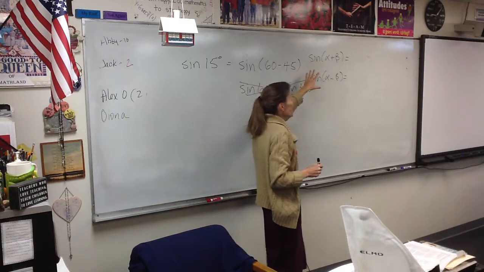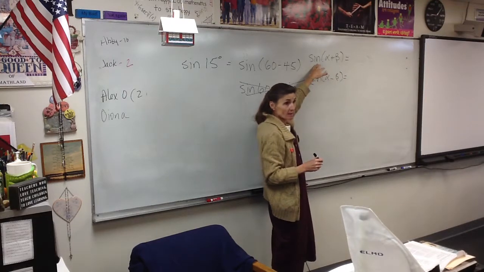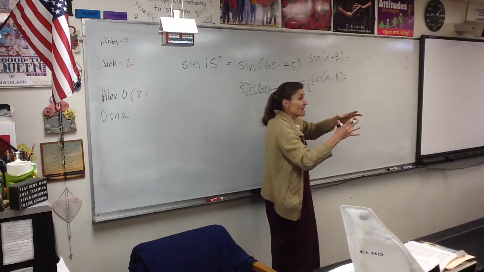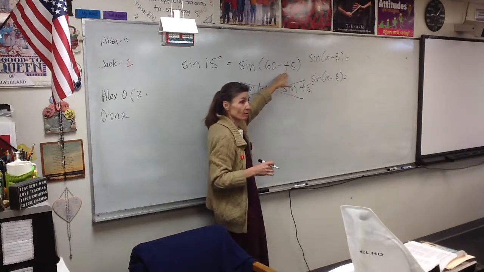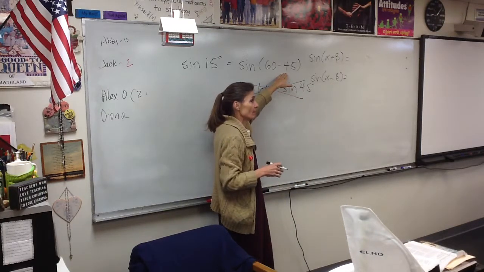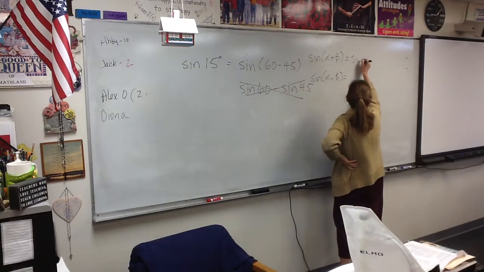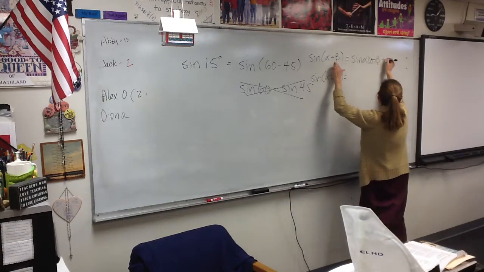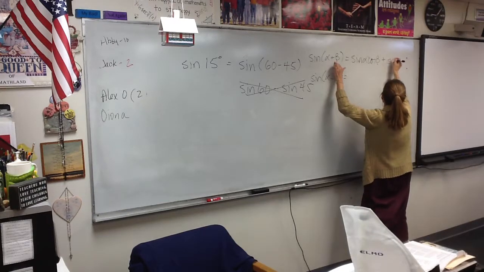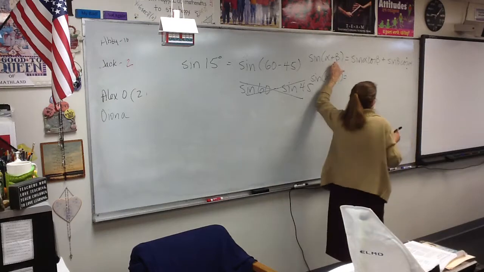So whenever we have a situation where we're going to take the sine of two angles added together or two angles subtracted, and I have the subtraction case here, we'll do an addition in a minute. The formula we use is sine of the first, cosine of the second, and then if we're doing the sum, it's plus sine of the second, cosine of the first.